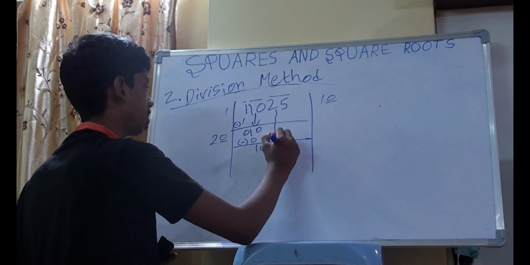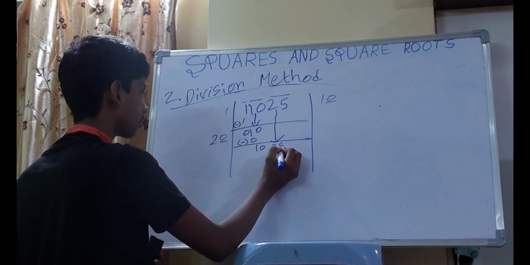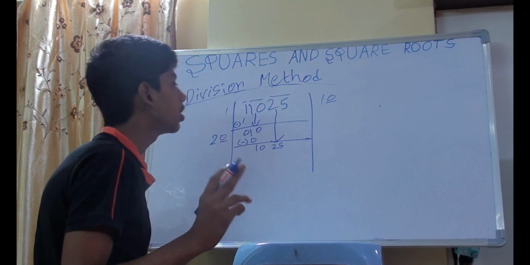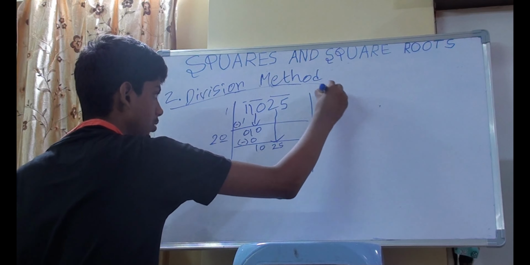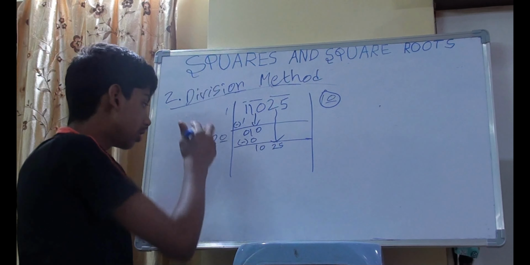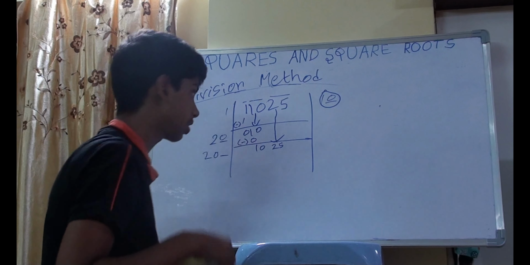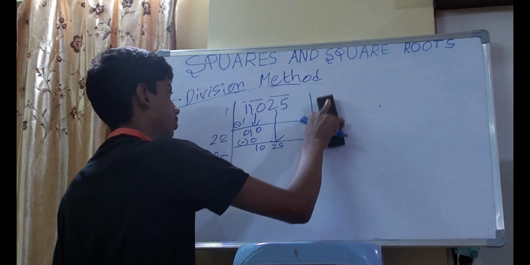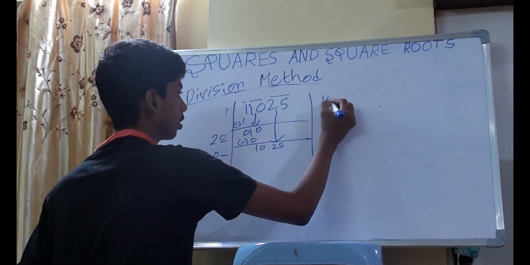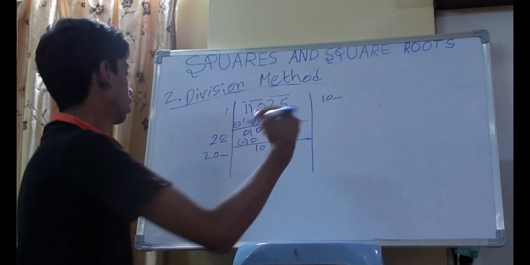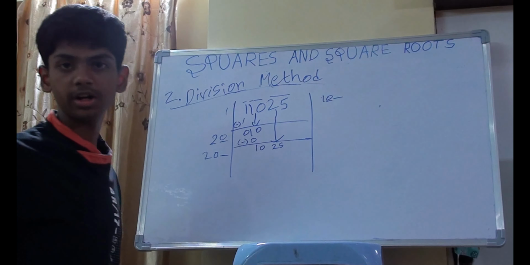We bring the 25 down. So now we should double it and write it over here, 20, and write another blank on this side. So this is 1, 0 and blank. Before we had a blank over here, we filled it with 0.